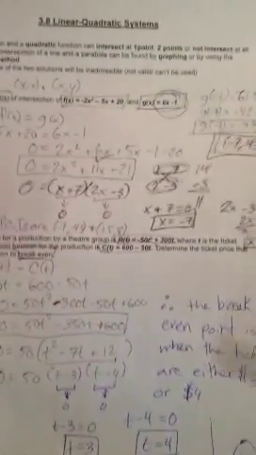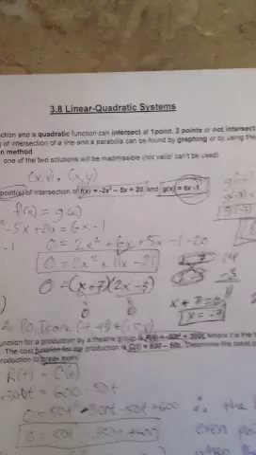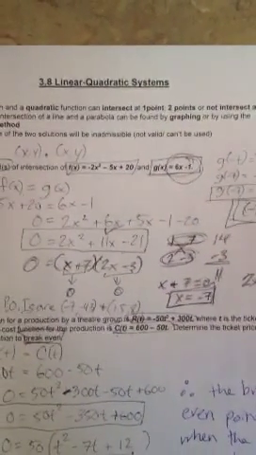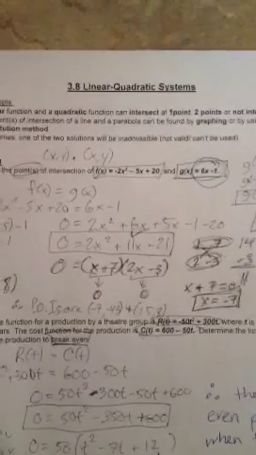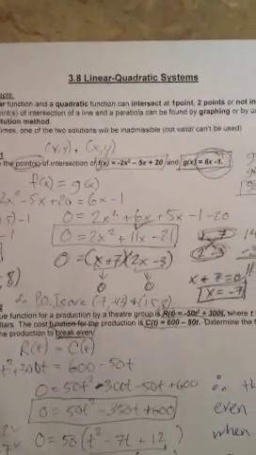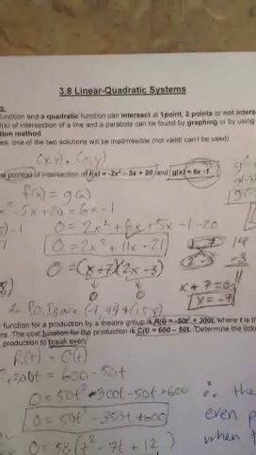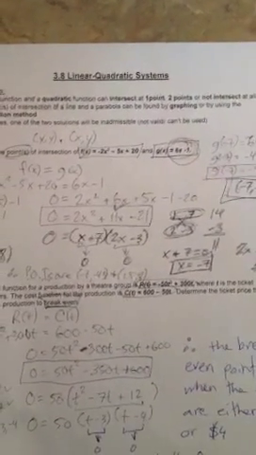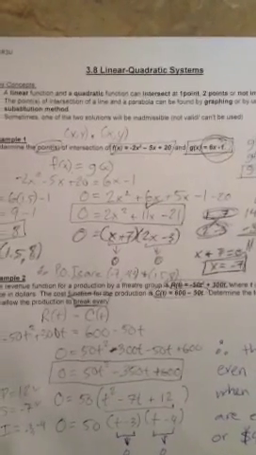So this section, once again, is to come up with the point of intersection or points of intersection of a linear quadratic system. Again, a linear quadratic system could have 1 point of intersection, 2 points of intersection, or no points of intersection.